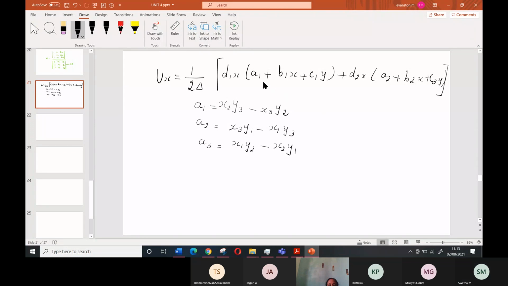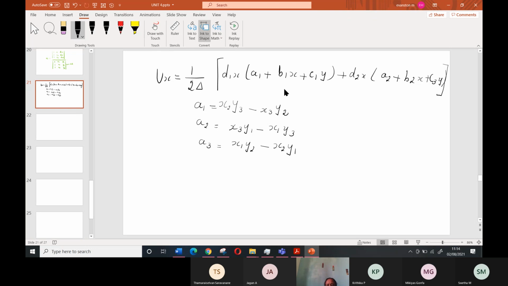Okay, thank you. So the aim is to find out the value of the shape function. Shape function means what is the displacement at node 1, what is the displacement at node 2, and one more term is also there, sorry.